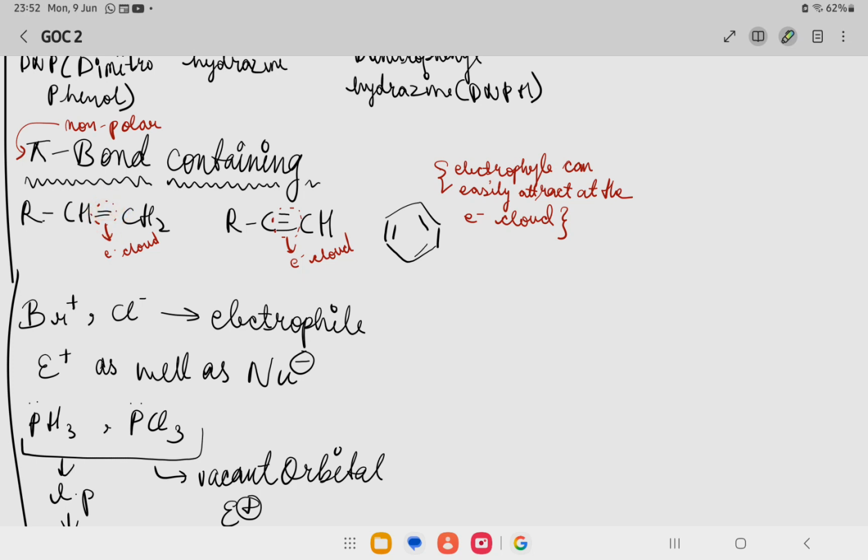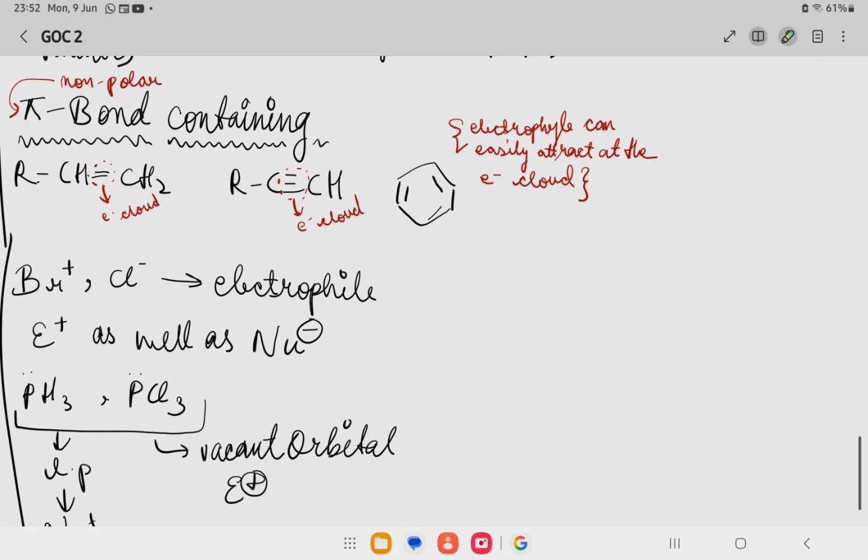Triple bond also electron cloud is present. Electrophile can easily attack at the electron cloud, okay. That's why it is a nucleophile, because of the electron cloud the electrophile will attack on it, hence this becomes a nucleophile.